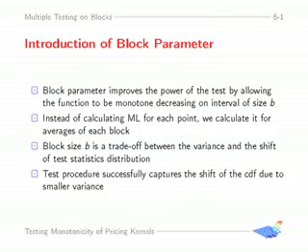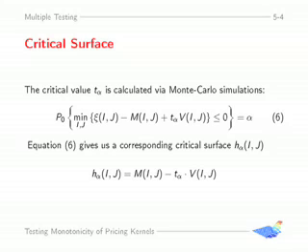And then we find the critical values T alpha as the root of this equation. So our reasonable critical surface is given by the simulated mean minus the critical value T alpha times the variance V of the simulated test statistics for each interval Ig.